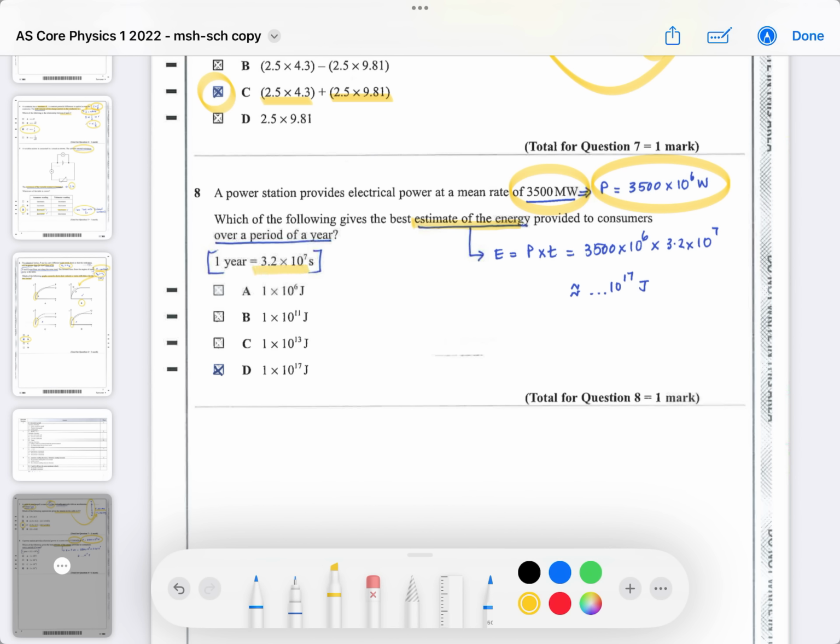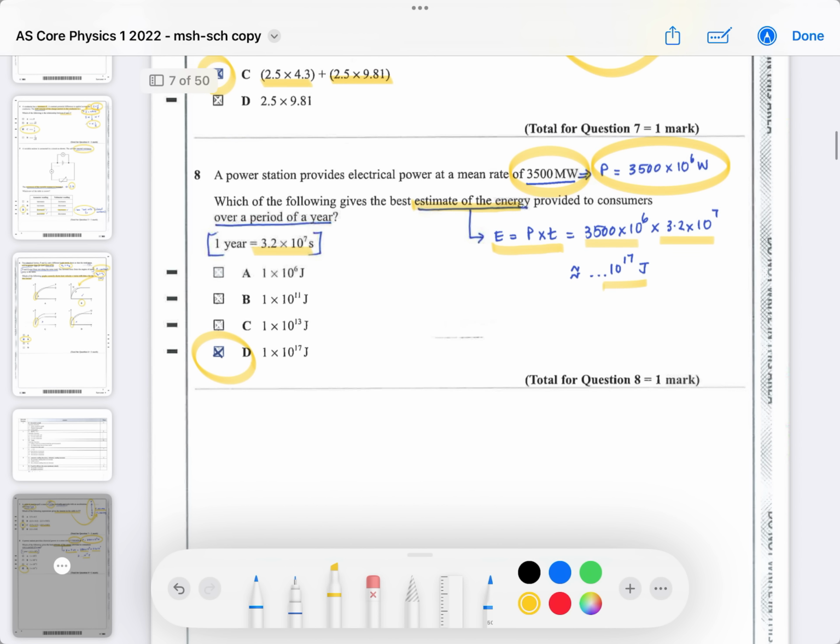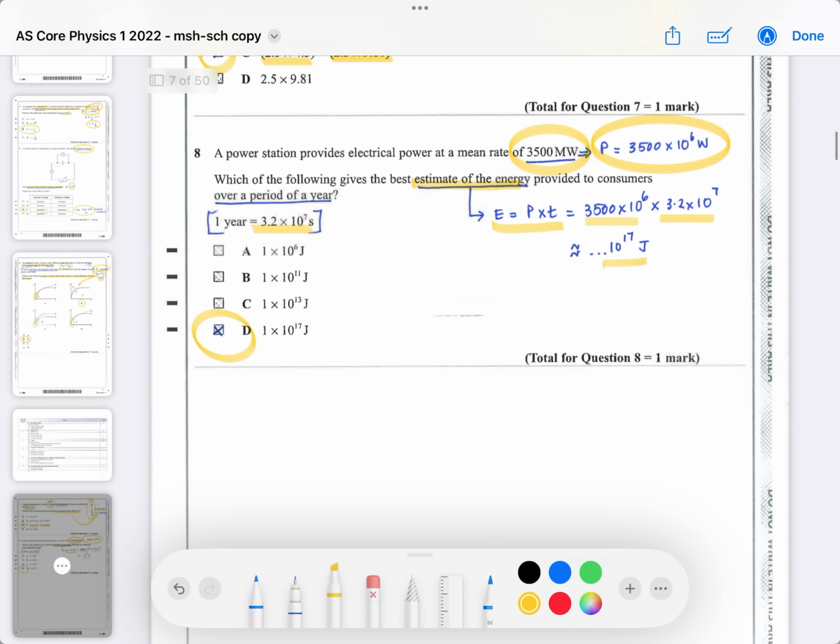They told you a year is how many seconds, so they want you to just use the equation power times time, multiply the power by the number of seconds, and it's going to be about 10 to the 17, so the only answer is D. So you don't actually have to do the full answer. You can see that it's going to be about 10 to the 17. So it's really just making sure you don't make mistakes with your prefixes.